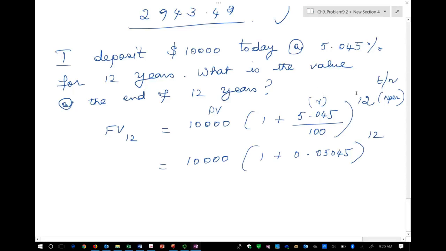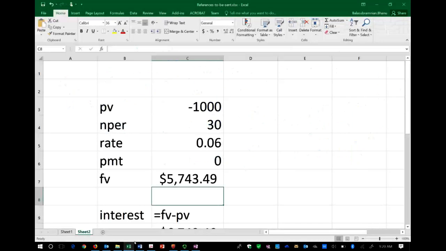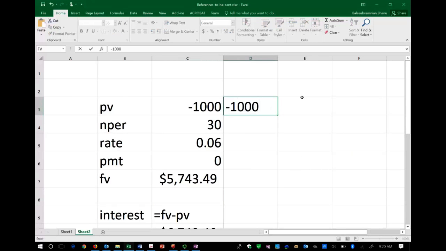So, what is the answer you are getting? So, in this case, my present value is minus 10,000, number of period is 12, rate is equal to 5.045 divided by 100.